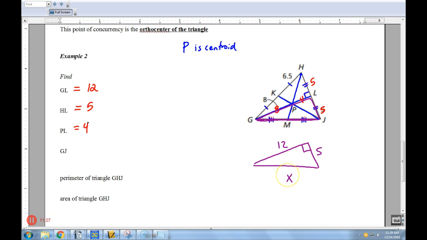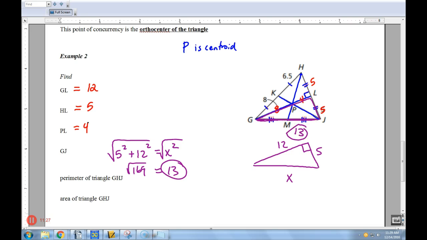Trying to find GJ, I believe that's the hypotenuse. So I can use the Pythagorean theorem: 5 squared plus 12 squared equals x squared. When I take the square root of both sides, that's the square root of 169, which comes out to be 13. So GJ, that whole side, is 13.